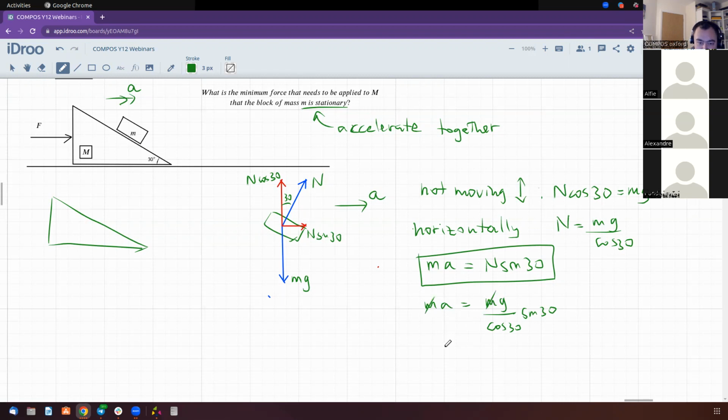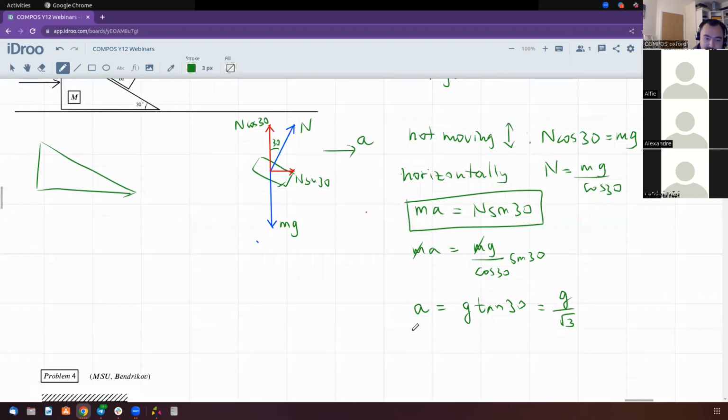M cancels. So acceleration is equal to g tan 30. And tan 30 is square root of 3 over 3. So it's g divided by square root of 3. That is beautiful. I like it when it does this, square root of 3.